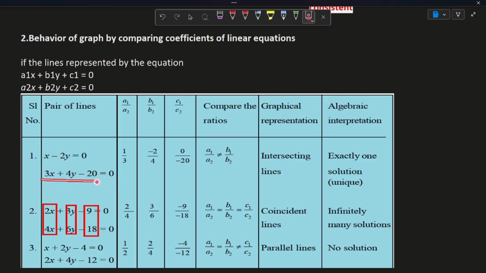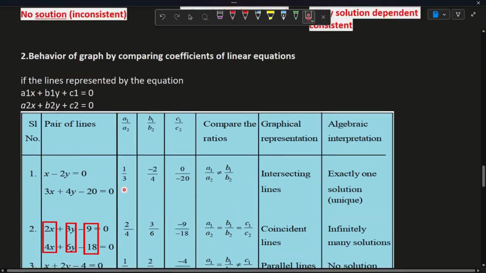For example, 3x plus 4y minus 20 equal to 0 is a linear equation in two variables. Just 3x plus 4y minus 20 is called a polynomial. When we equate it to 0, it becomes the linear equation. That's the difference between a polynomial and an equation.